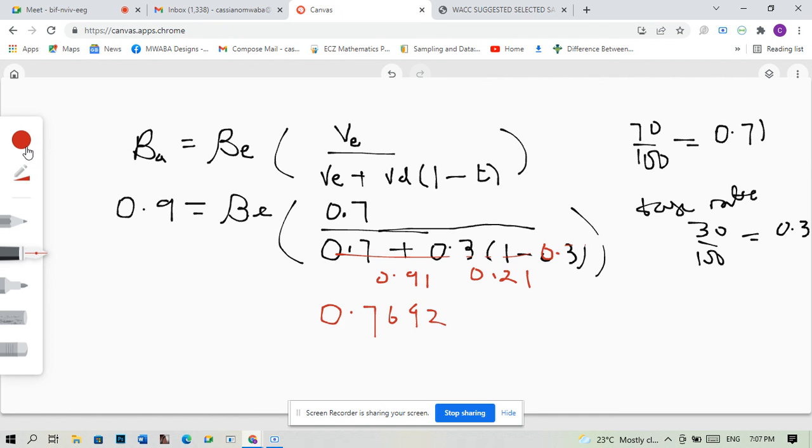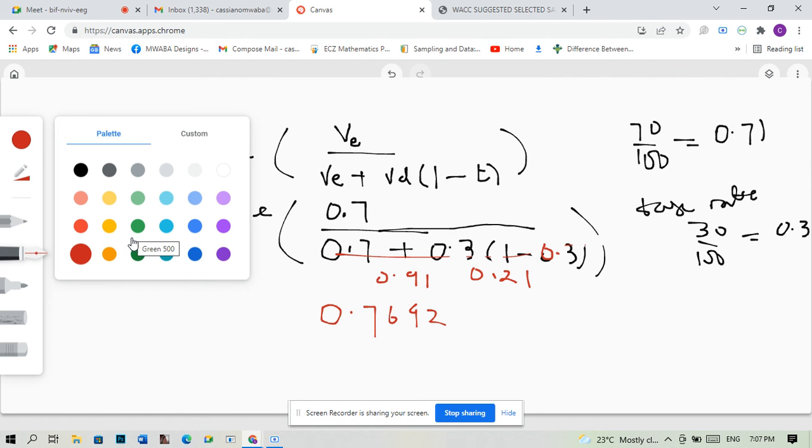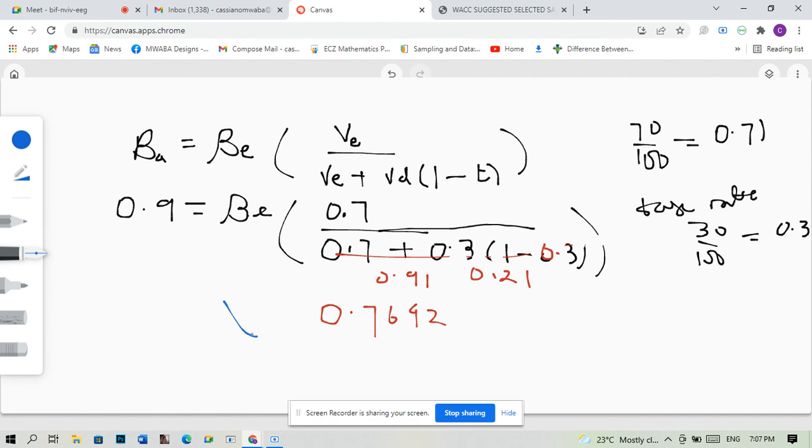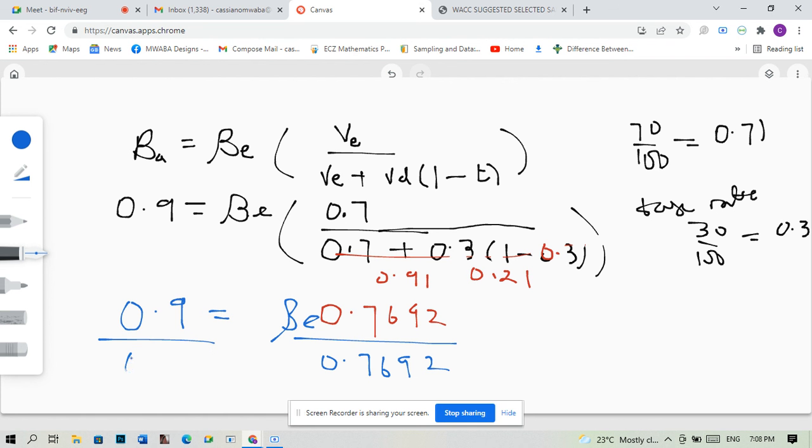That's our value here. So we're going to say 0.7 over BE. We divide both sides by 0.7692.